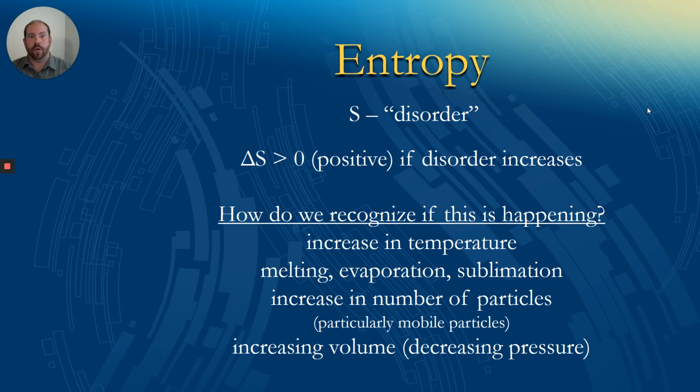That's going to a more ordered state. And similarly, decreasing pressure, increasing volume is going to lead you more towards liquids and gases, the more chaotic, disordered states. So these are all ways to recognize, basically from some simple information about a chemical equation, if entropy is increasing.